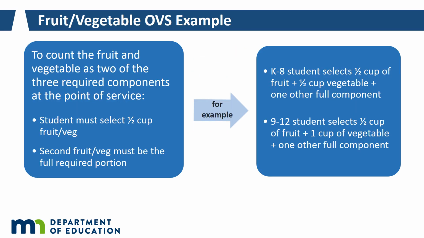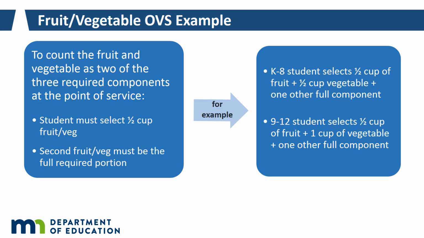Let's look at an example of offer versus serve related specifically to fruits and vegetables. Sometimes a student will select a fruit and vegetable as 2 of the 3 required components. This can certainly contribute to a reimbursable meal at the point of service as long as the student selects a half a cup of fruit or vegetable or a combination and selects the second fruit or vegetable in the minimum required portion size for that grade group.